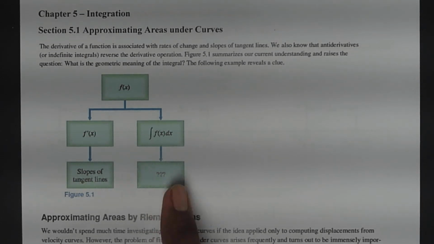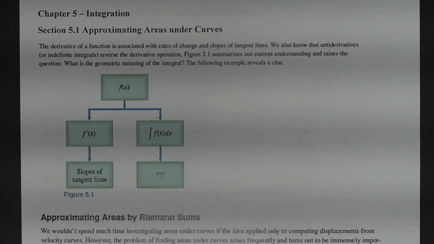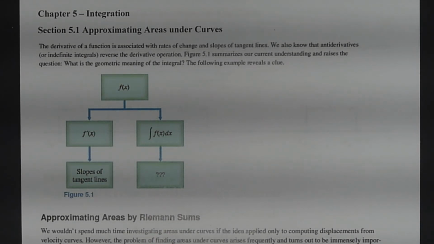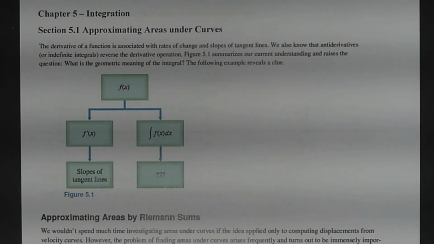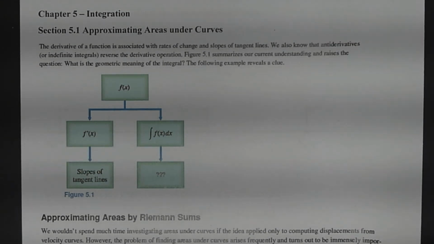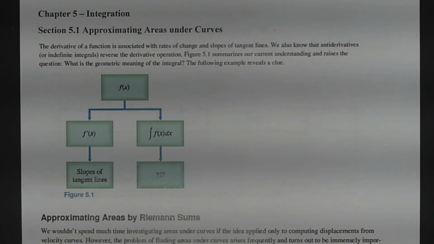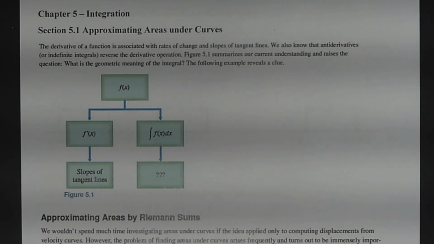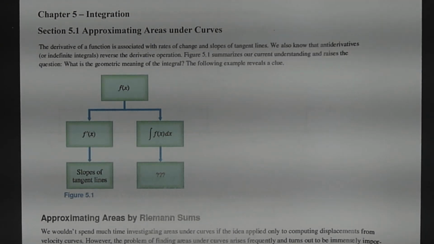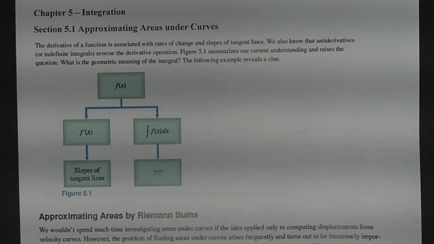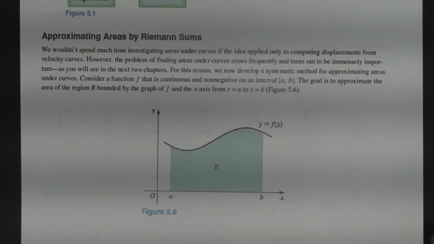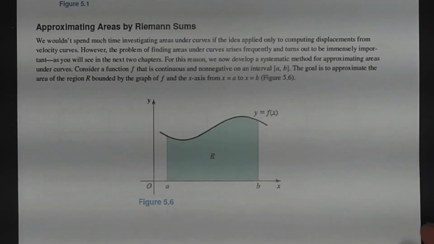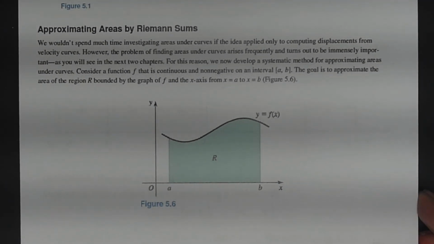But what would that give us? When we take the integral of that function with respect to x, that's going to be the area between the curve and the x-axis. That's what we're going to be looking at here. We're going to be approximating area by using Riemann sums.